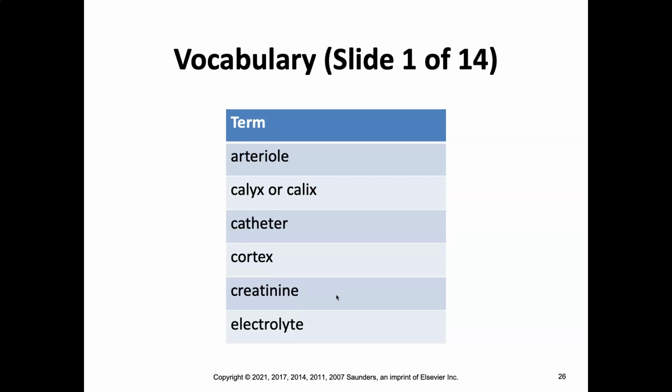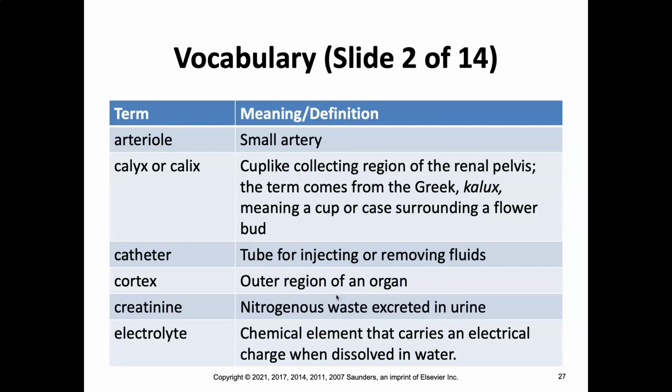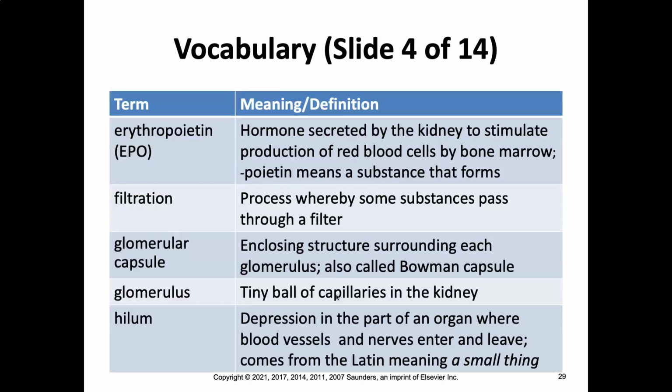All right, so let's move on to vocabulary. Arterial, calyx, however you want to say it, there are two different spellings here, and calyxes is the plural. Catheter, cortex, creatinine, electrolyte, erythropoietin, filtration, glomerular capsule, glomerulus, hilum.